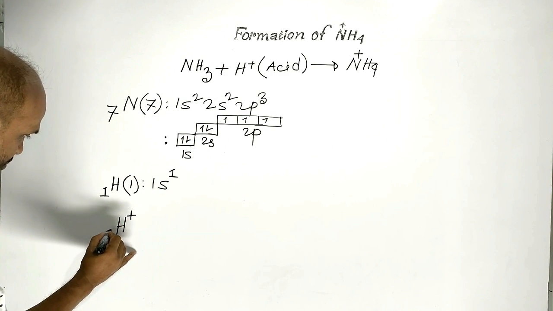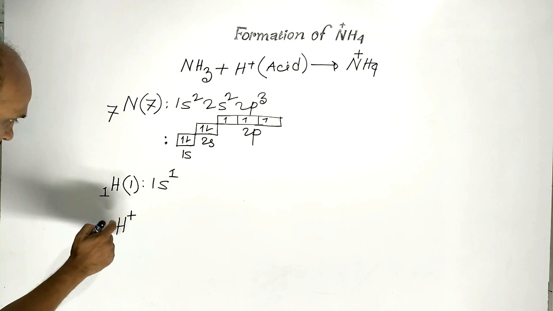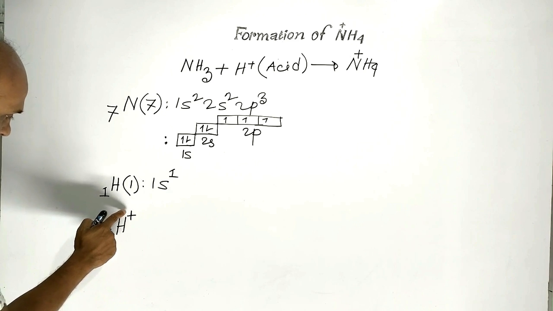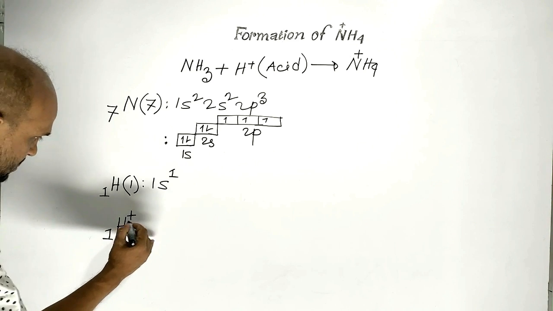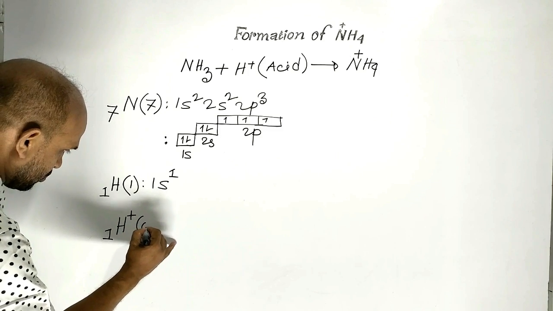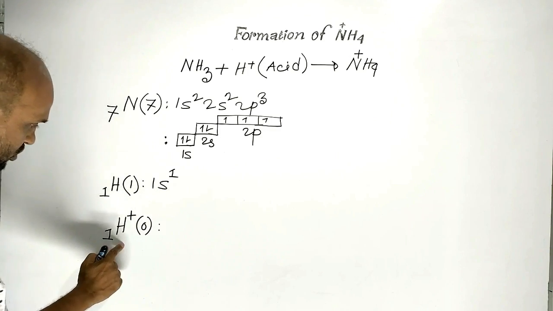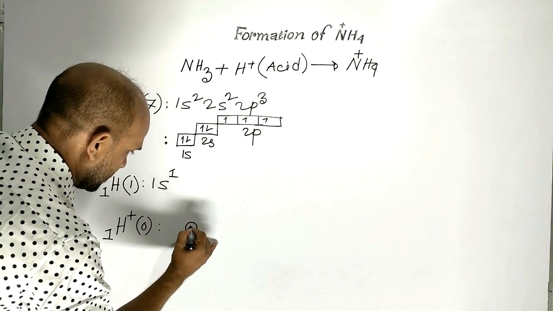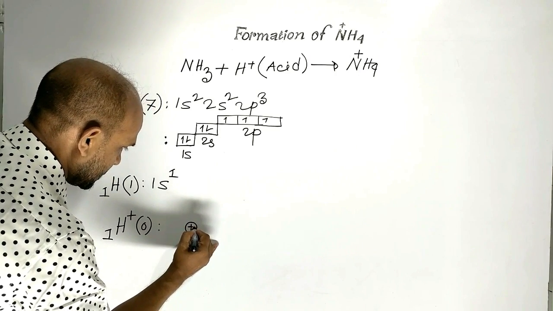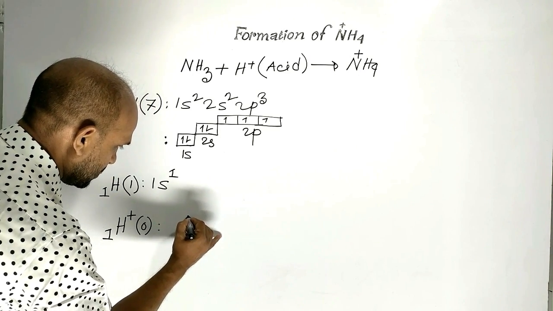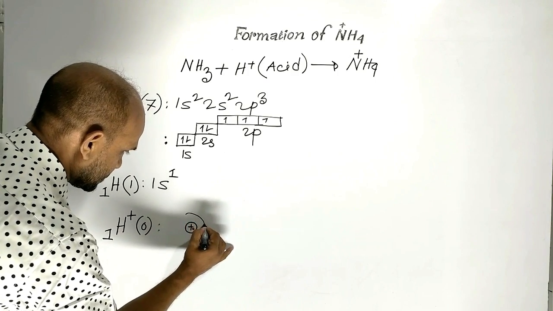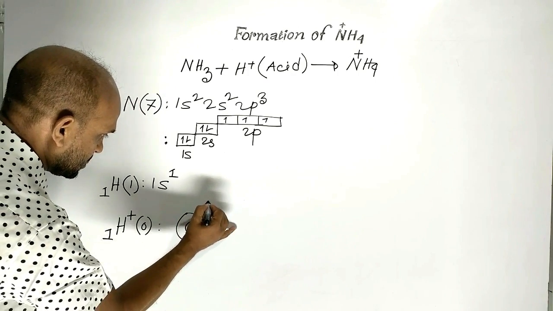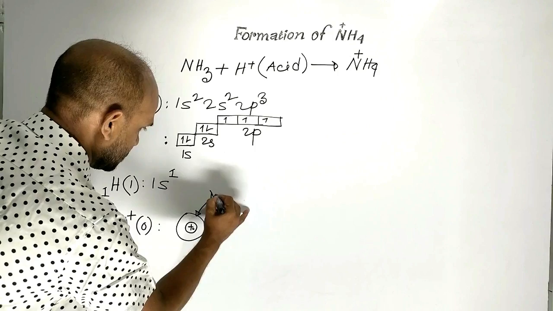Proton, hydrogen atomic number 1 plus means hydrogen donated 1 electron. So now it has no electron. Then nucleus that contains only 1 proton and shell with no electron.